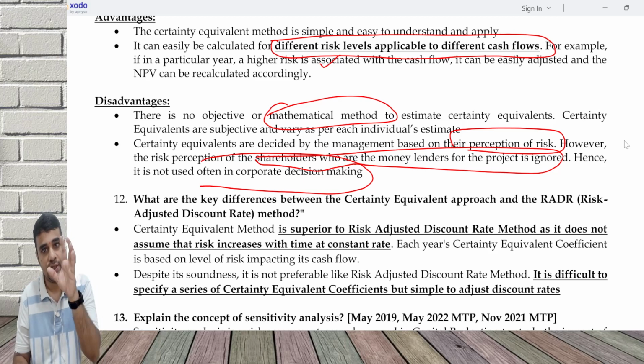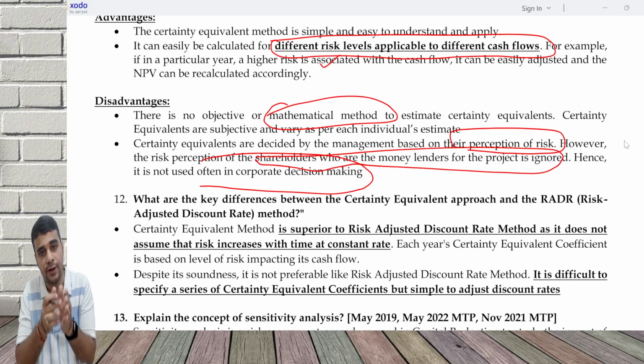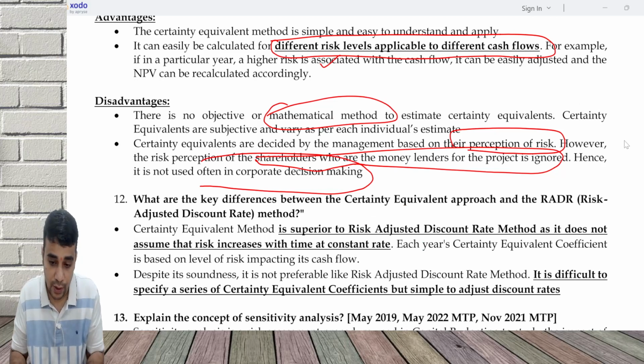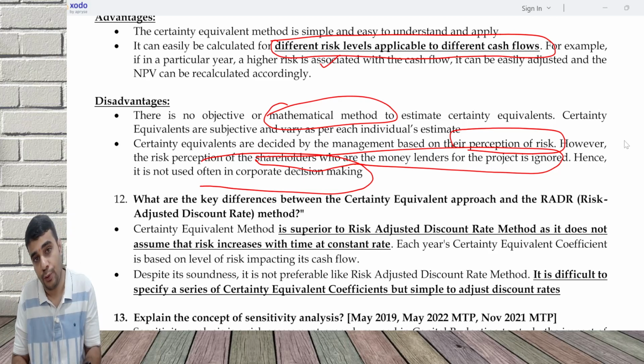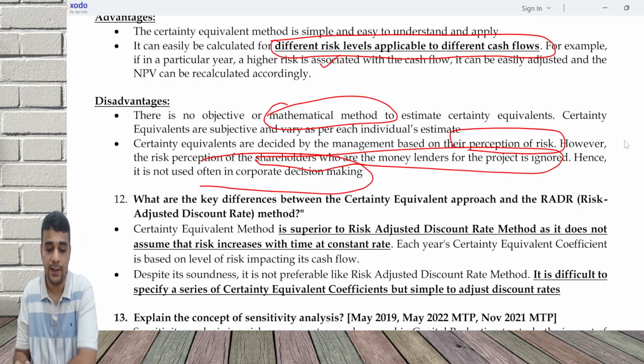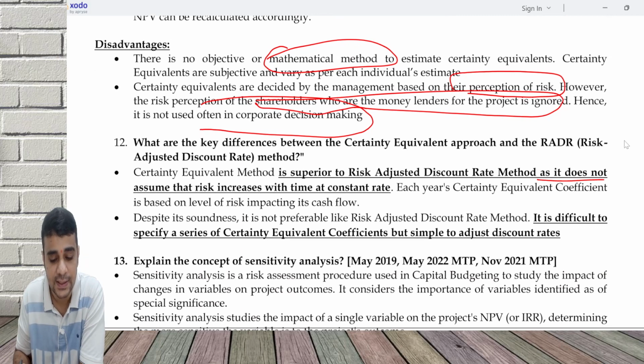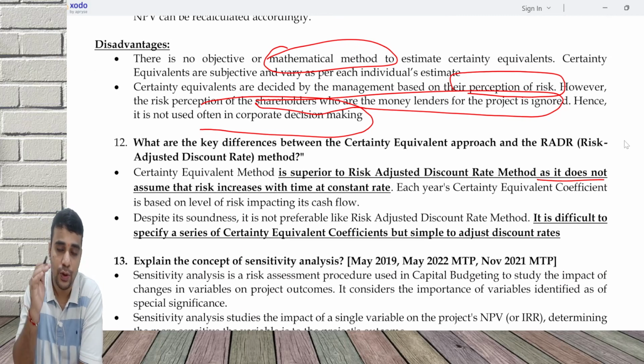That is, you adjust the discount rate once and use the same risk rate or discount rate for different years' cash flows. Whereas the CEF approach can have varying levels of risk for different years, and is superior to the RADR approach as it does not assume that risk increases at a constant rate. You can have a different discount rate every year.